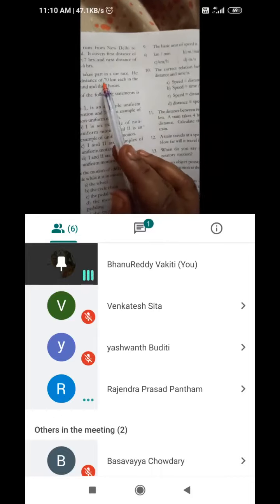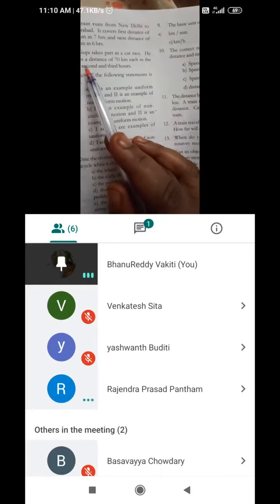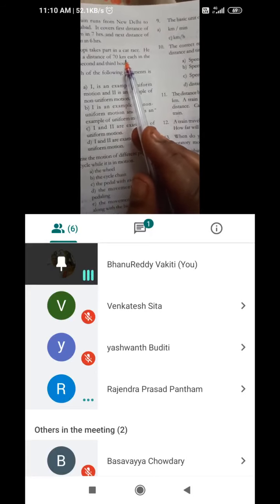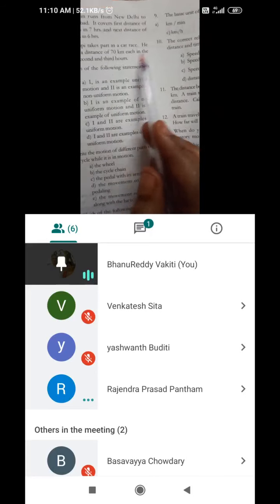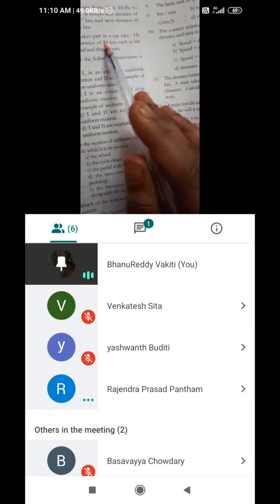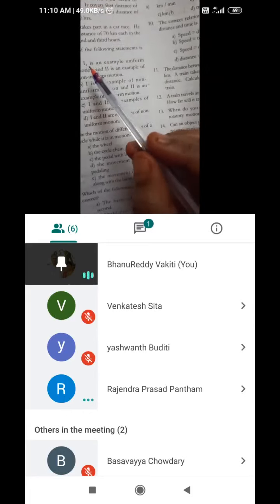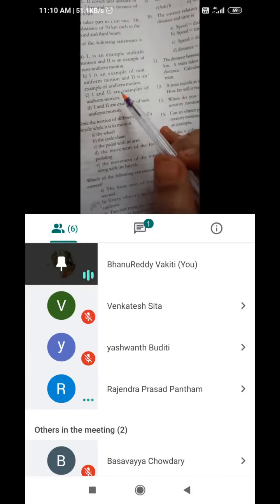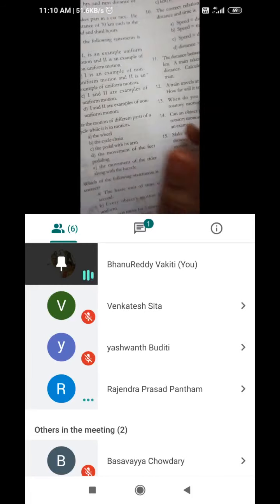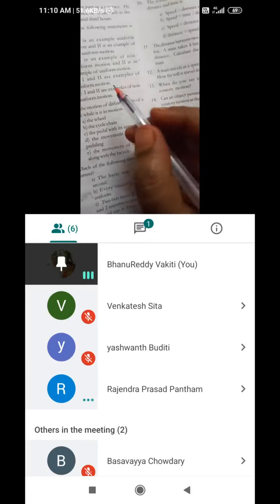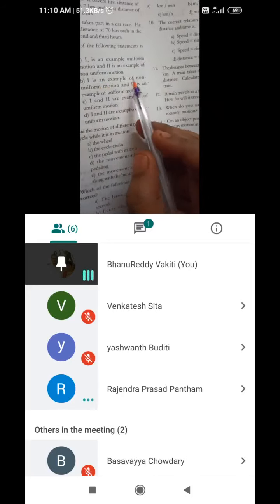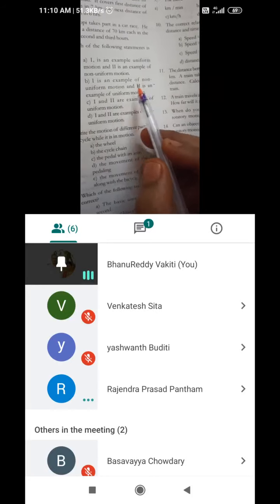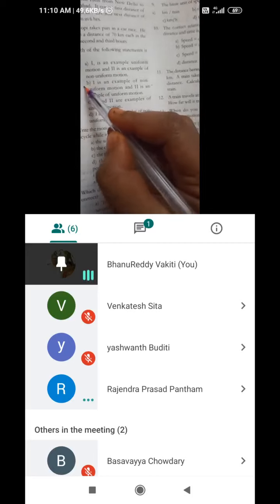And Gopi takes part in a car race. He drives a distance of 70 kilometers each in the first, second and third hours. Always he follows the same speed, Nana. So the first one is non-uniform motion and the second one is uniform motion. B is correct.